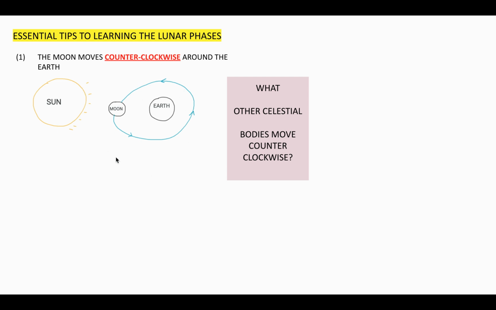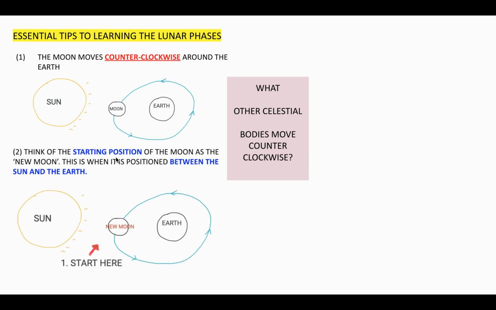When we're drawing this out, it's very important to have an idea where the starting position is going to be. So for us, the starting position we're going to think about is the new moon.